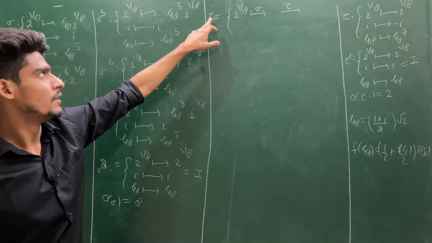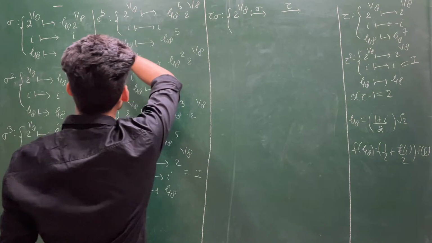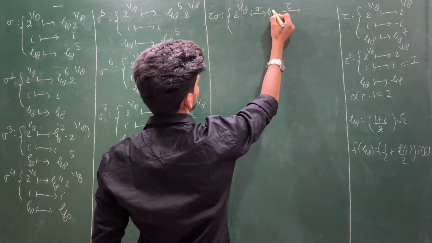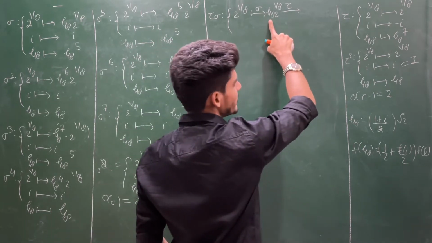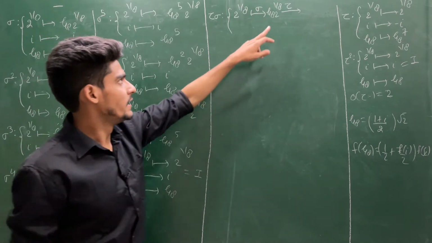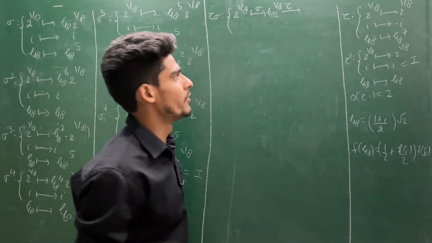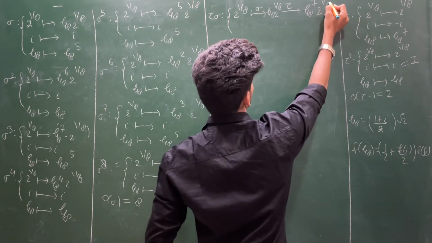The outer is tau. So under sigma, 2 power 1 by 8 is going to zeta 8 times 2 power 1 by 8. Under tau, this will go to tau of zeta 8, but tau of zeta 8 is zeta 8 to the power 7. And tau of 2 power 1 by 8 is 2 power 1 by 8. So this is nothing but zeta 8 to the power 7 times 2 power 1 by 8.